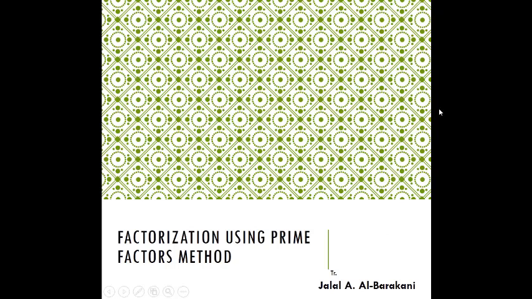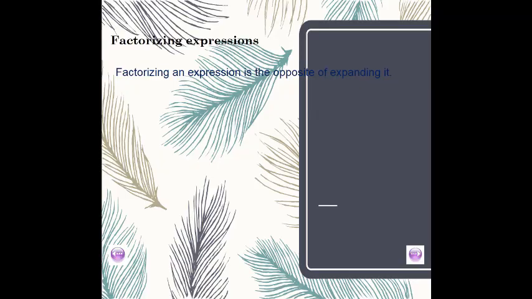One of the students asked me to revise the factorization using the prime factors method. In the beginning, I want to remind you about the factorization of expressions. Factorization, or factorizing an expression, is the opposite of expanding.